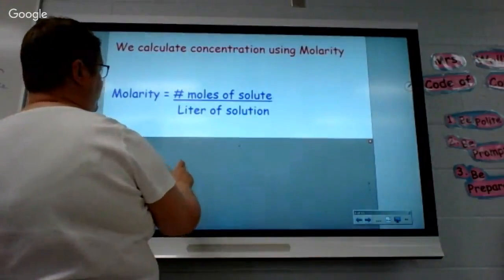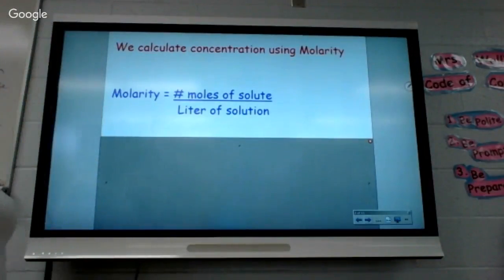Now, molarity is defined as the number of moles of solute over liters of solution. Everybody in this room, regardless of your average, can calculate grams to moles. I don't believe there's a soul in here who can't do that at this point.